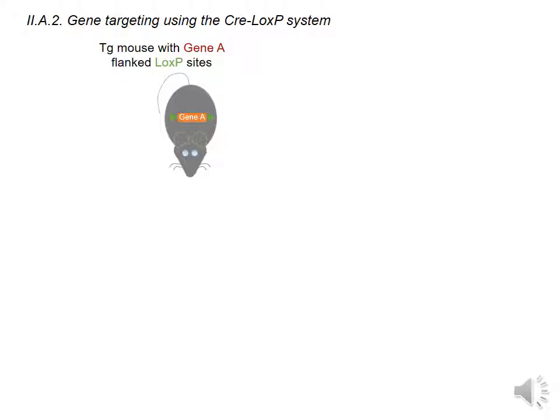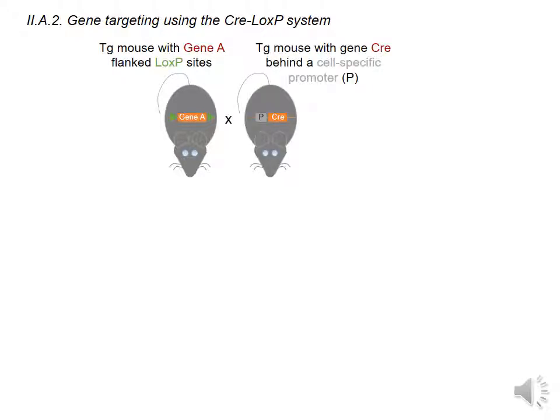As we said before, we will have to generate a conditional animal in which a particular gene or a fraction of this gene is flanked by the LoxP sites. Then we will have to crossbreed this animal with a mouse that contains the recombinase Cre that is expressed under a cell-specific promoter.